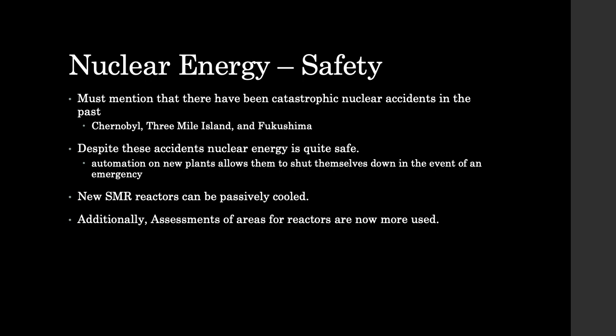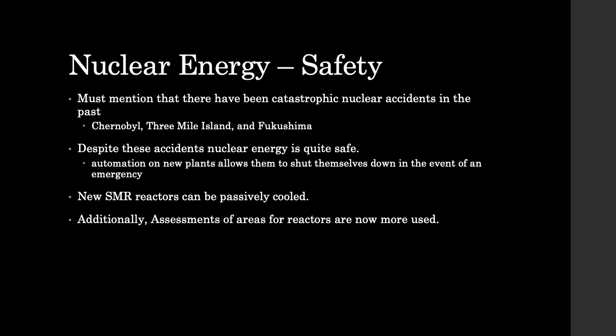Despite these accidents, nuclear energy is actually quite safe, due to automation of new plants that allows them to shut themselves down in the event of emergency, and new technologies. Reactors have become increasingly safe. New small modular reactors can also be passively cooled in the event of emergency, leading to less requirement for zoning areas and potentially to be used in smaller areas.